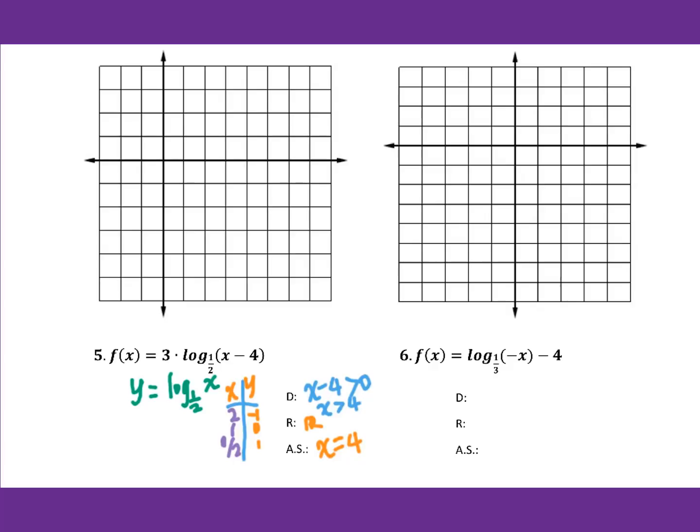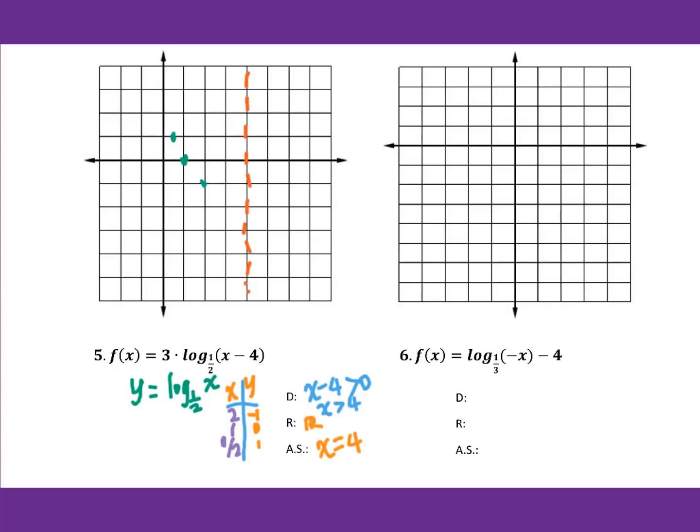X equal to 4. 1, 2, 3, 4 is here. We draw these 3 points, 2, 1, 2, negative 1 is here. 1, 0 is here. And 1 half, 1 is here.